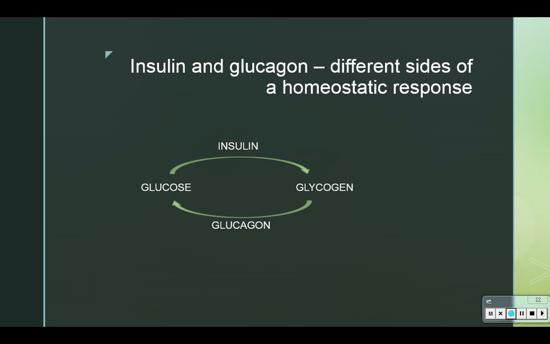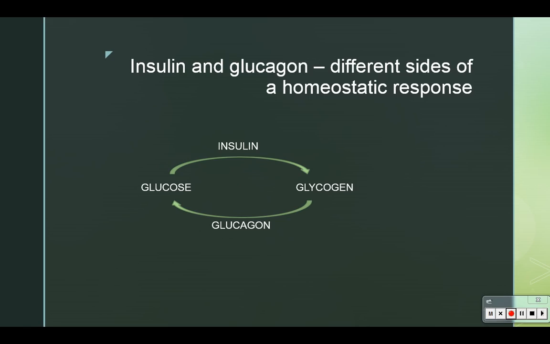So we have these two molecules. We know we have glucose, and we get that from digesting our food, and then we know that we store energy in glycogen. So those are those really massive glucose polymers. And the way glucose becomes glycogen is using this hormone insulin, which we've all heard of.